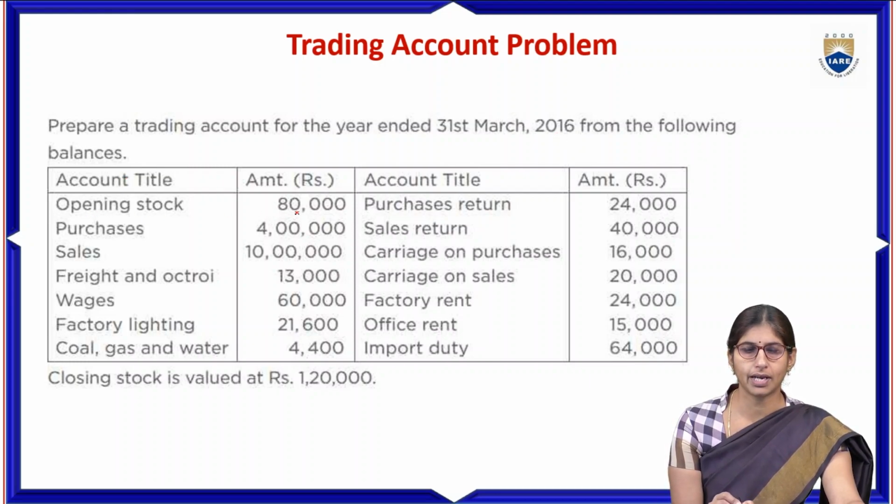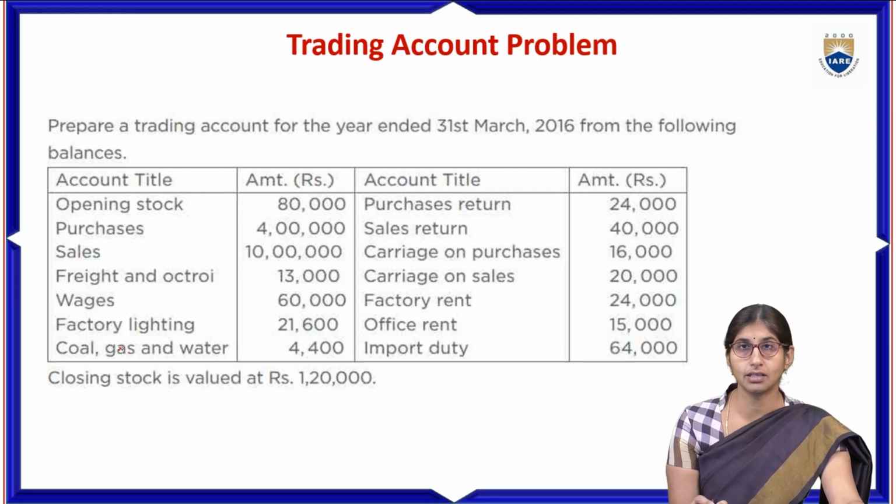Opening stock 80,000, purchases 4 lakhs, sales 10 lakhs, freight and octroi charges 13,000, wages 60,000, factory lighting 21,600, coal, gas and water 4,100, purchase returns 24,000, sales returns 40,000, carriage on purchases 16,000, carriage on sales 20,000, factory rent 24,000, office rent 15,000, import duty 64,000.